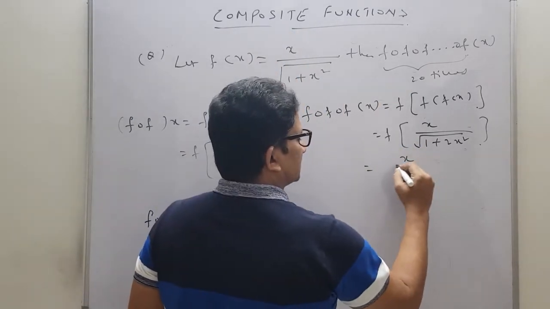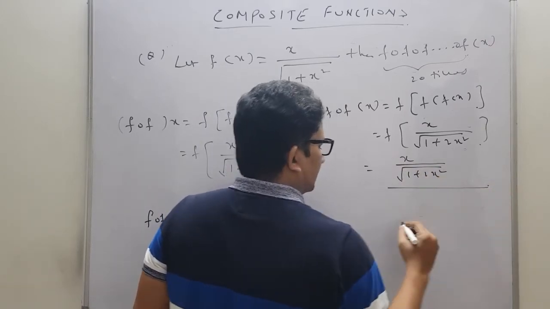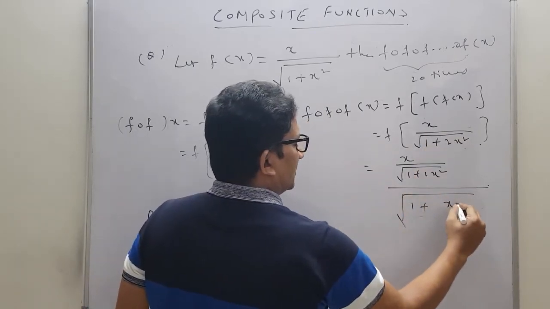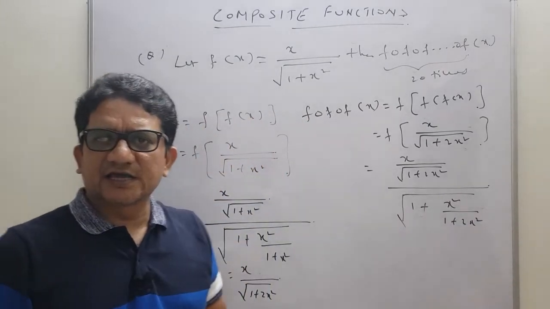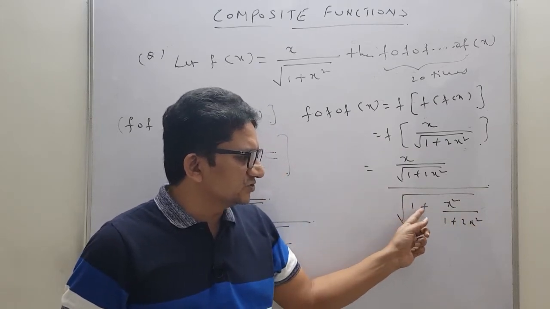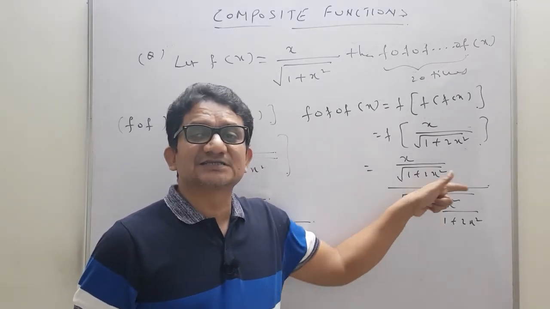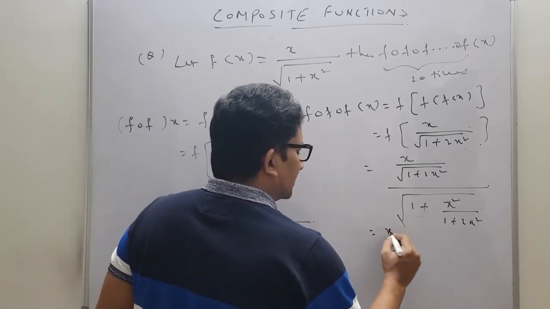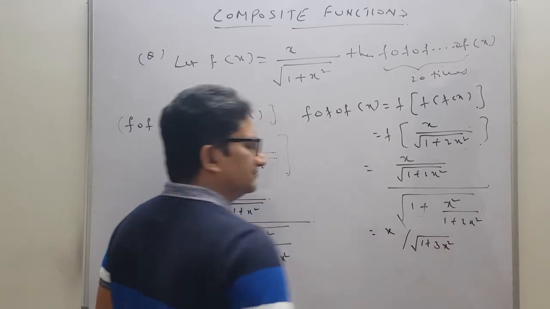That is x divided by under root 1 plus 2x square, whole divided by square root of 1 plus the square of this one, that is x square by 1 plus 2x square. Now again we will concentrate on the denominator part. If I take LCM, you will get 1 plus 2x square plus x square, which is 1 plus 3x square, and this part cancels. That means here we are getting x divided by under root 1 plus 3x square.